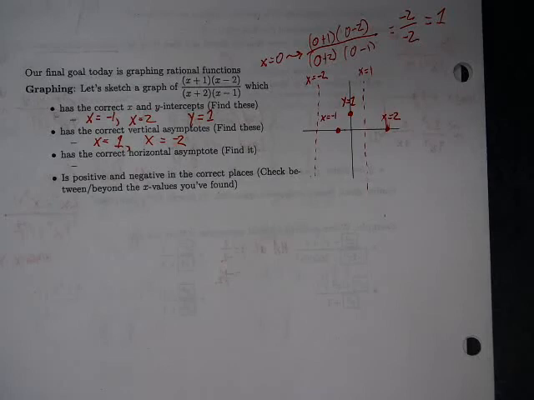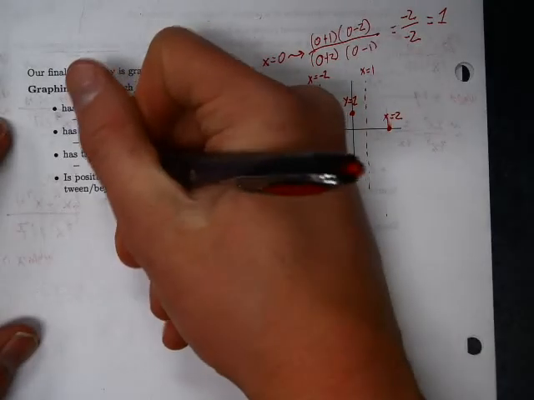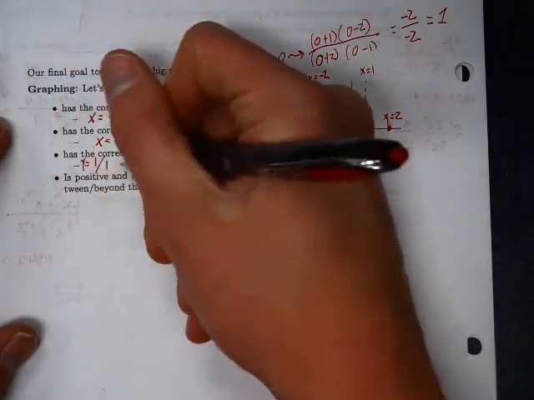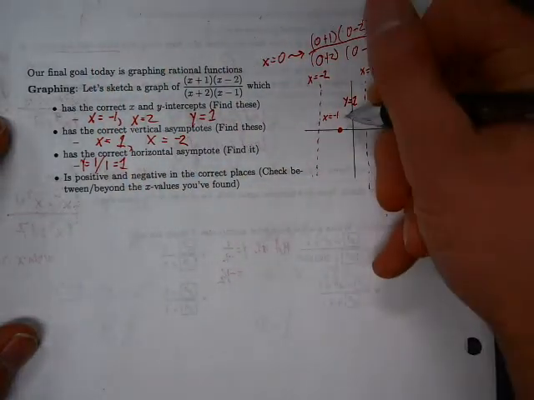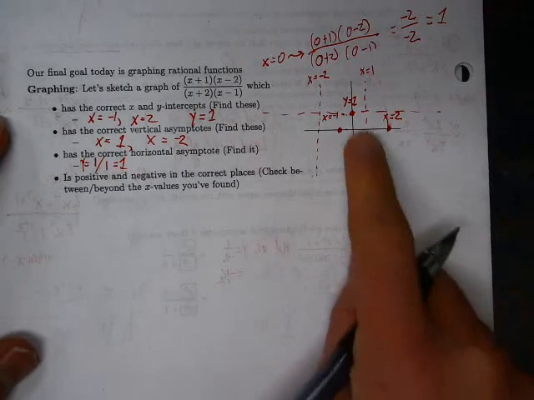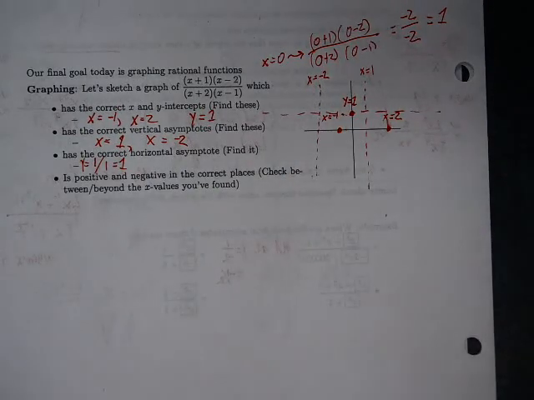So there would be a horizontal asymptote at 1 over 1, which is 1. So there will be a horizontal asymptote at y equals 1. And let's notice the y-intercept has the same y value as the horizontal asymptote. So the graph will definitely at least touch its horizontal asymptote.